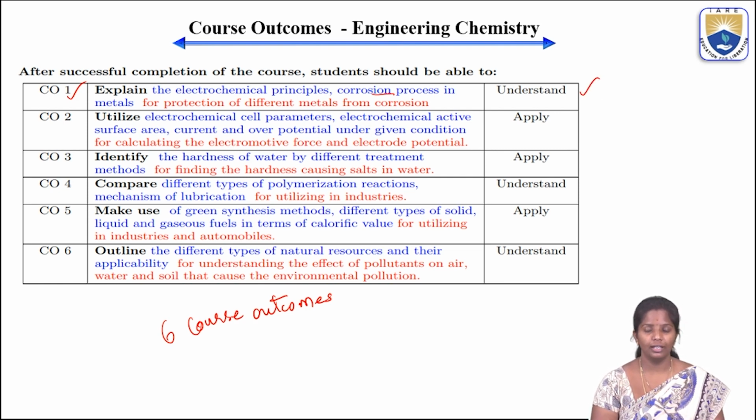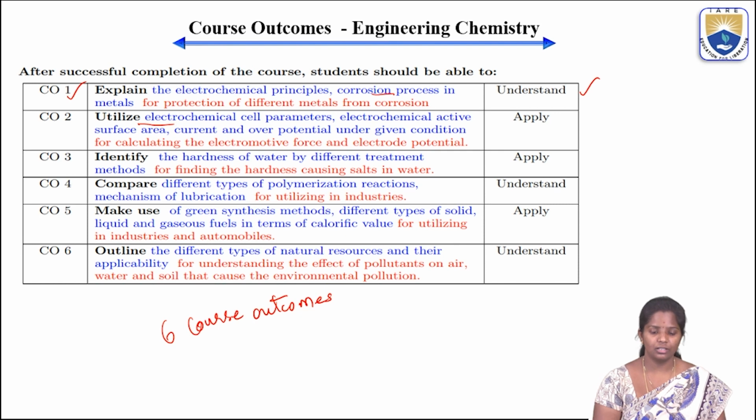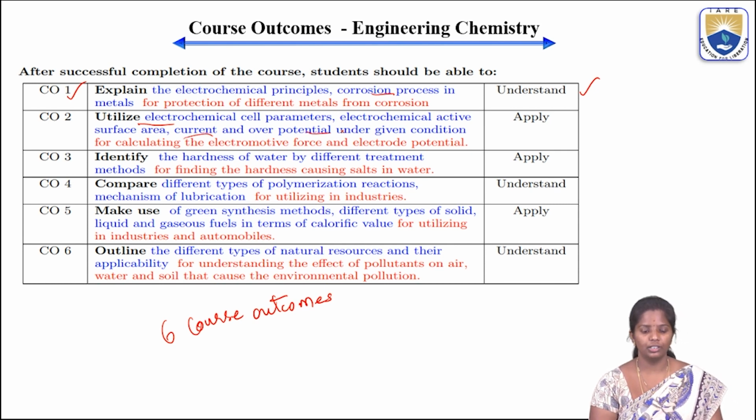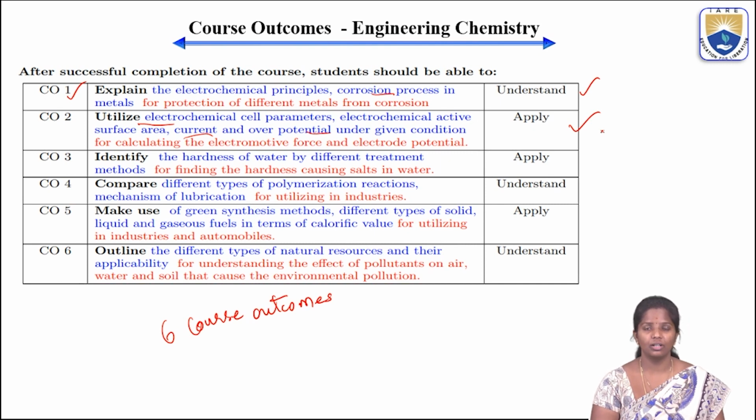Depending on our understanding, we will apply some formulae in calculations. We utilize the knowledge of electrochemistry and its parameters to calculate the surface area, current, and overpotential in a given condition. This is where we apply our knowledge from Bloom's taxonomy. Understanding and then applying are the 2 major important levels we use in the chemistry part.